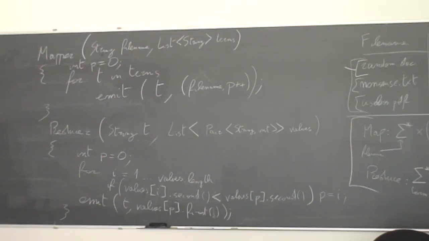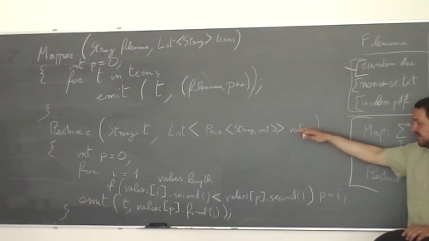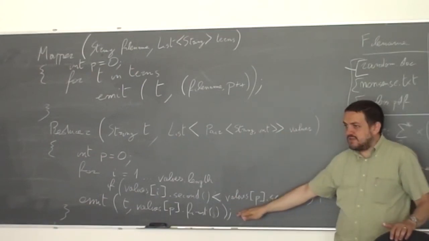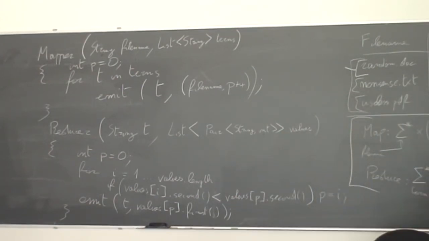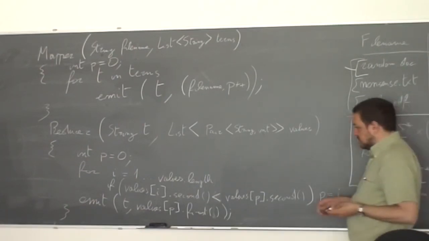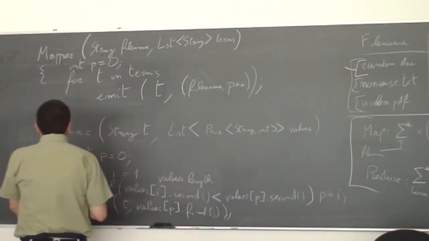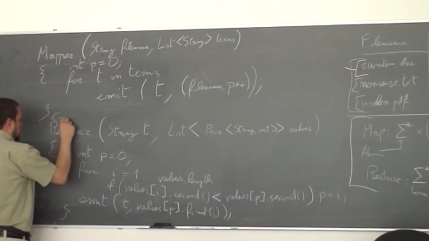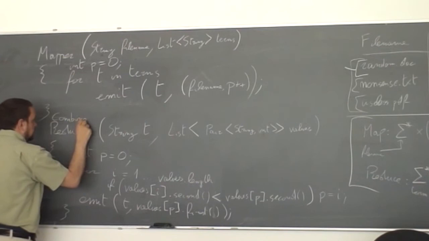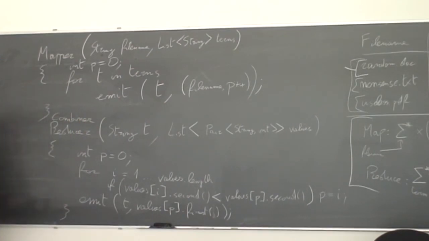Okay. So we can directly use a reducer as a combiner only if its output is the same that we would have from the mapper. So for a combiner, let's write in green the changes that we need.